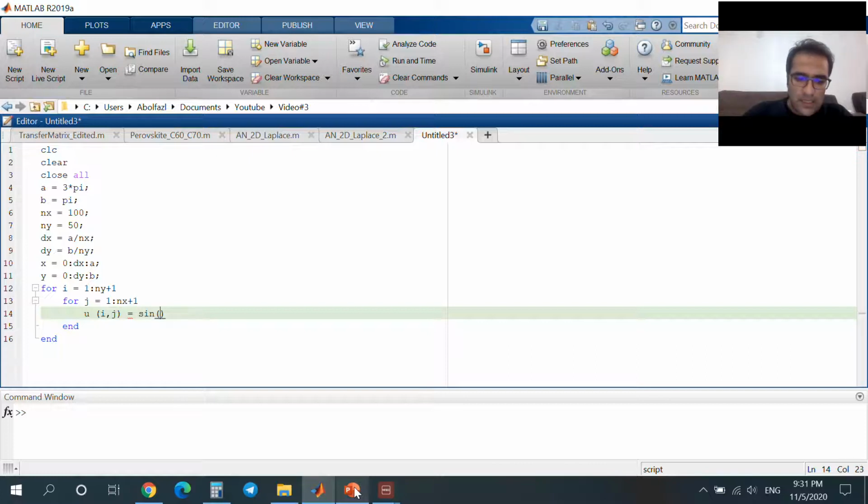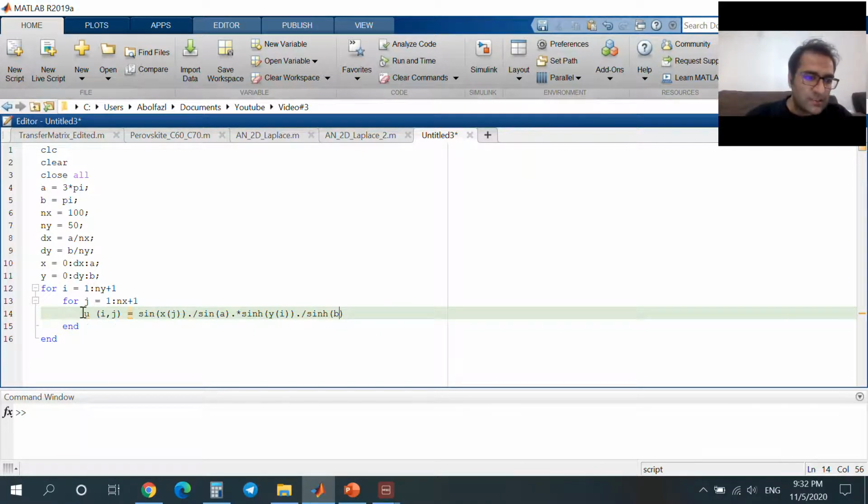Sine x, and this is the array x_j, right, divided by sine a, multiplied by sinh y, and this is not a scalar, these are arrays. And y should be y_i because i represents the y-axis, divided by sinh b.